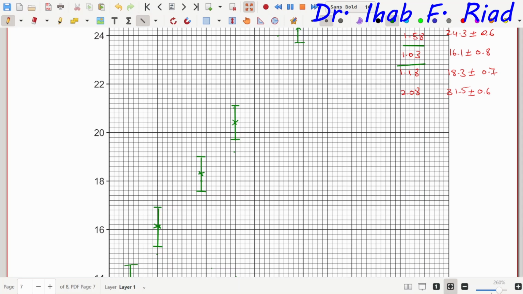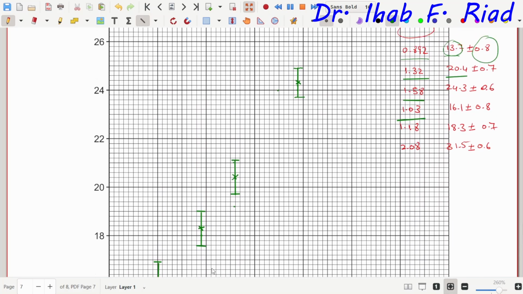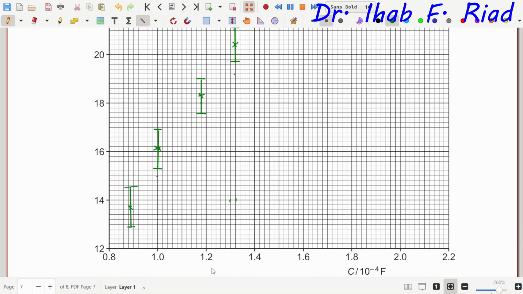Okay, now we have 2.08. Where is 2? 2 is here. Okay, 2.2. 2.02, 2.04, 2.06, 2.08.